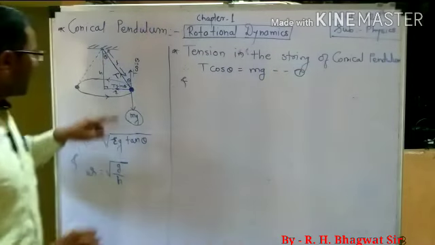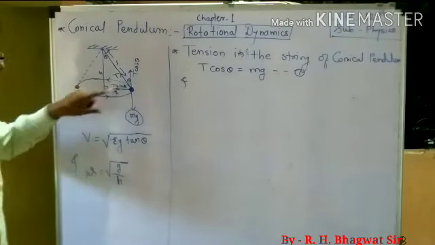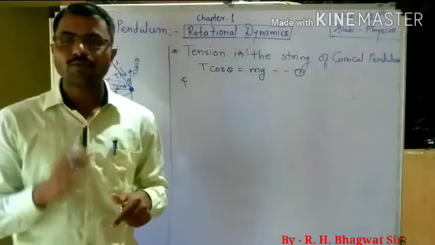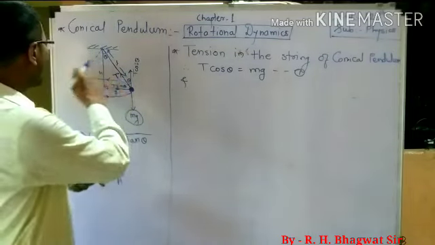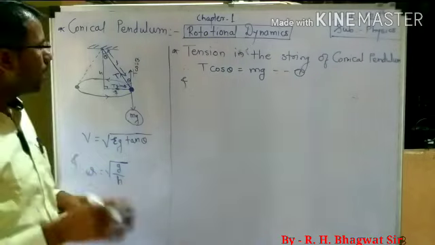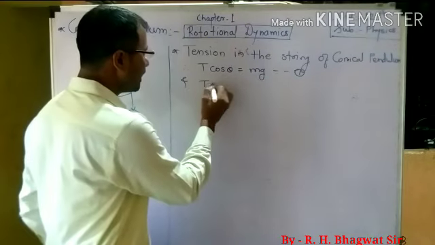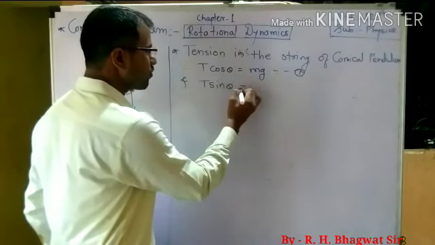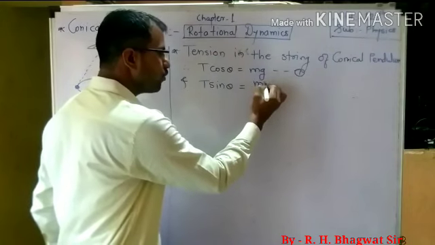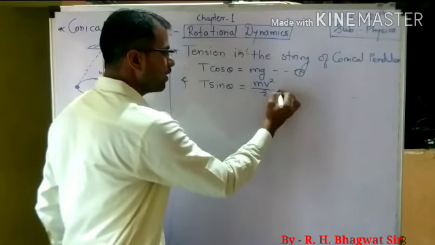And second, this horizontal component T sin theta provides the required centripetal force for the circular motion of the bob of the conical pendulum.